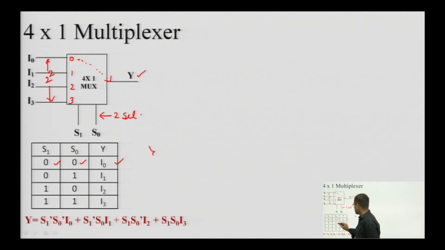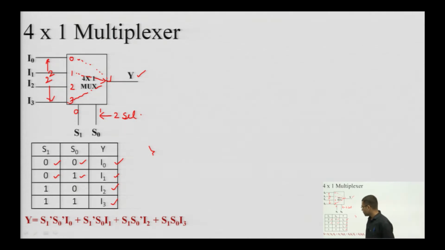Similarly, if S 1 is equal to 0 and S naught is equal to 1, then input 1 will be selected and connected to the output. For 1 0 I will get I 2 at the output, and for 1 1 I will get I 3 at the output. So, these are the selected inputs which are made available at the output with the help of the select lines.